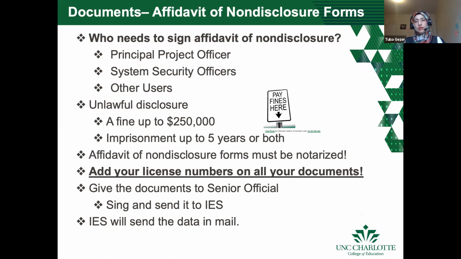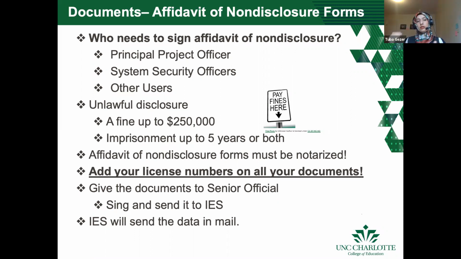You will get all of your documents and give them to your senior official. She will review it, sign it, and send it to IES. Once they receive all of your information, they will review and confirm your license. Once IES confirms your license, they will send you the data in the mail as a CD, along with a description of the data, a couple of pages.